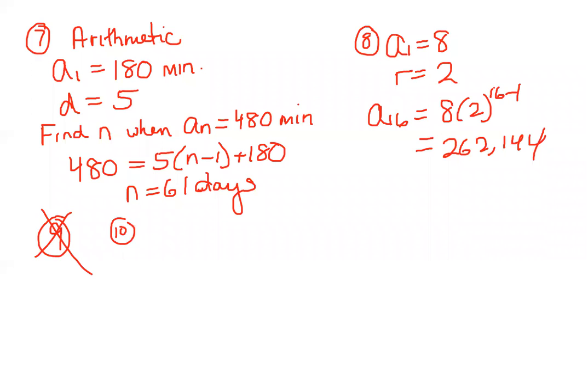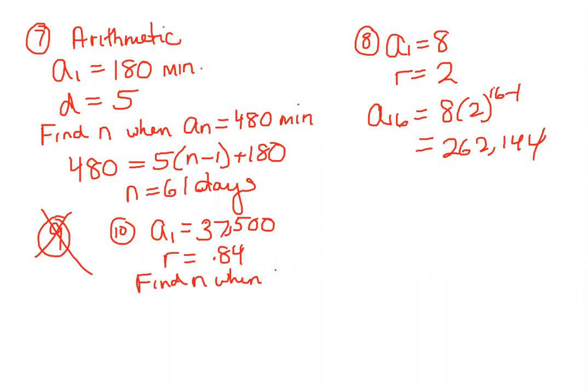So we know A1 equals 37,500. This is geometric. R equals 0.84. And we want to find N when AN equals 4,000. So we're going to say 4,000 equals A1 times R to the N minus 1.